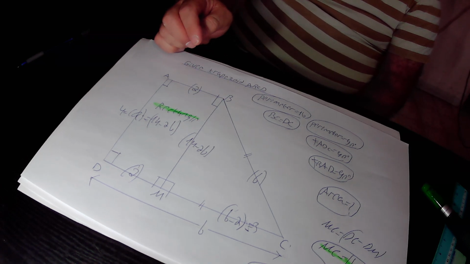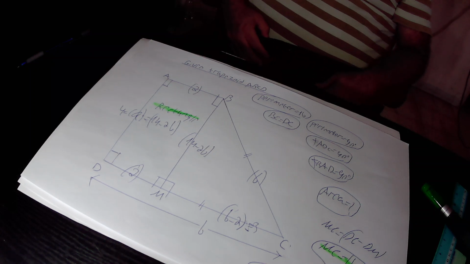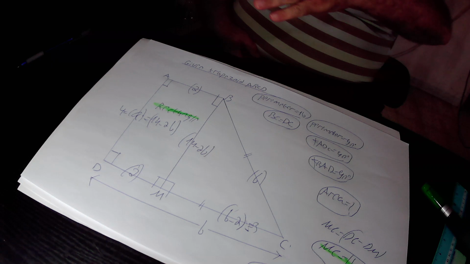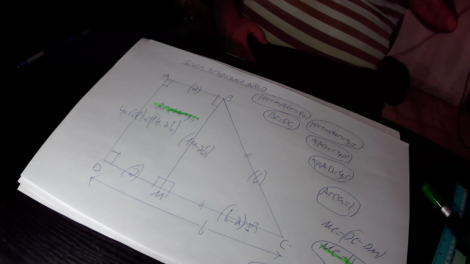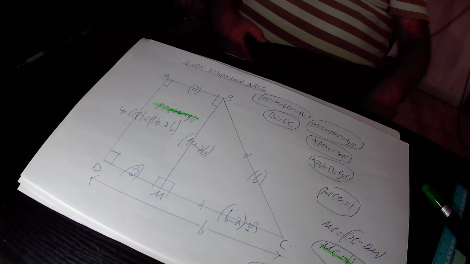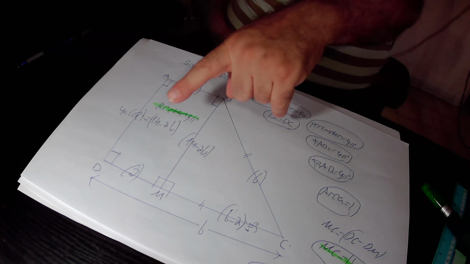So inside quadrilateral ABMD we have 4 right angles. According to the rule, any quadrilateral that has 4 right angles must be at least a rectangle, if not a square. So we conclude this quadrilateral ABMD is a rectangle because it has 4 right angles. We also know that the opposite sides of a rectangle are equal. So in rectangle ABMD, side AB must be equal to the opposite side DM.